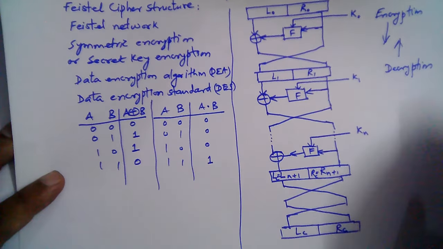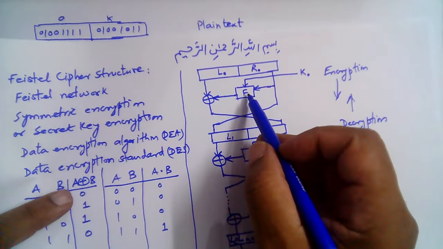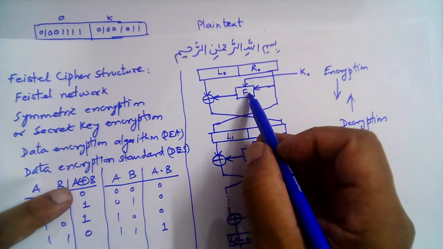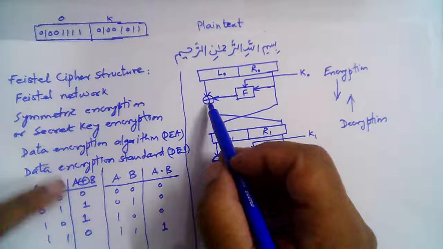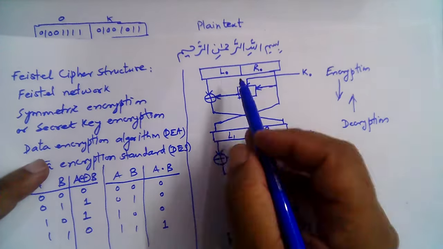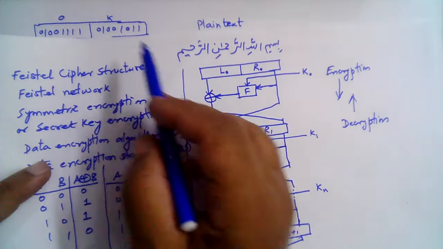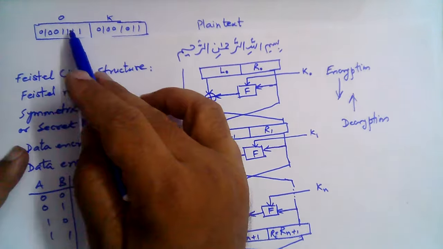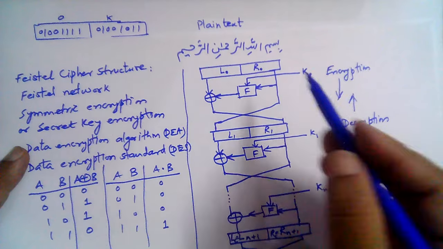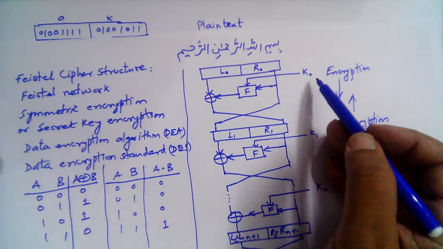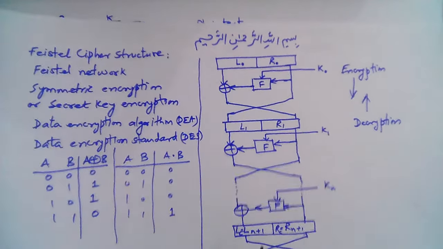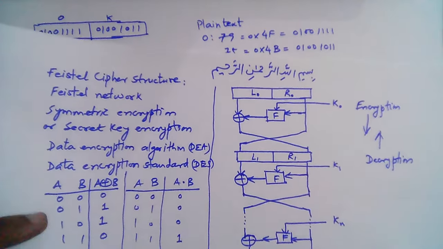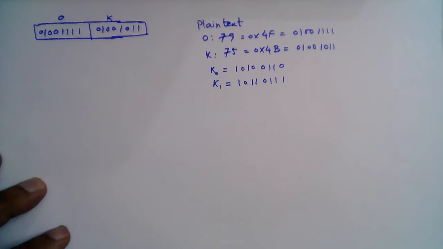So for our encryption operation, let's suppose that this function here is simply an AND operation, right? And this is the XOR operation that we will perform here. And we have already supposed our plain text to be O and K letters. And for the keys, we have already supposed K0 and K1. And we will perform only two rounds for this encryption operation.